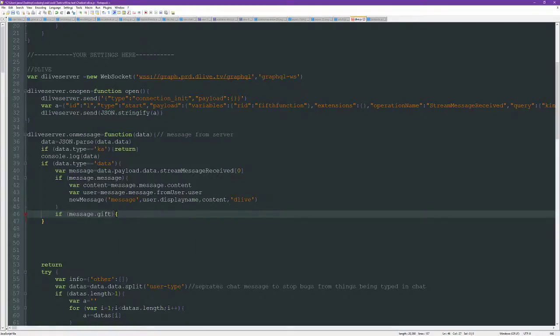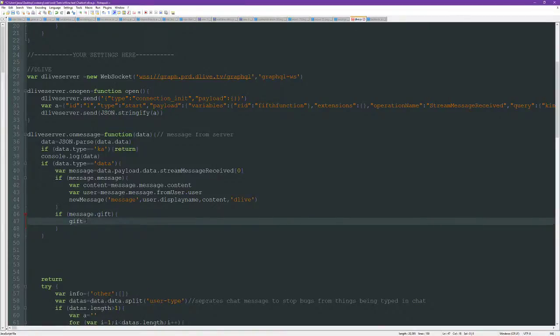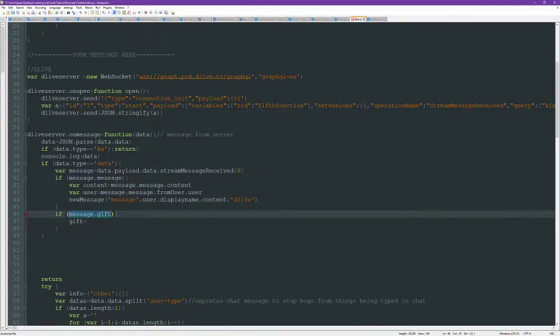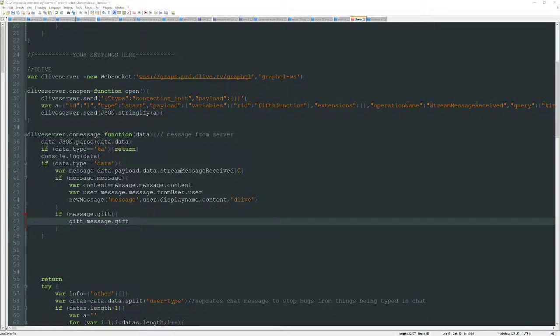Okay. Gift equals message gift. Why not? And then the gift was a lemon. We'll go to from user. I'm now gonna build a gift system into this thing.